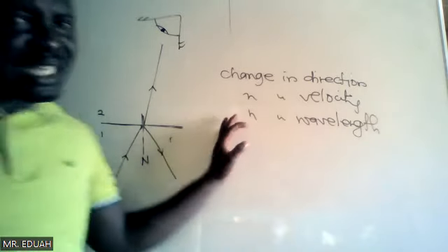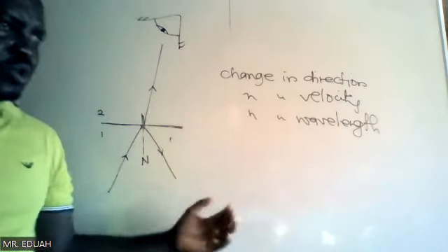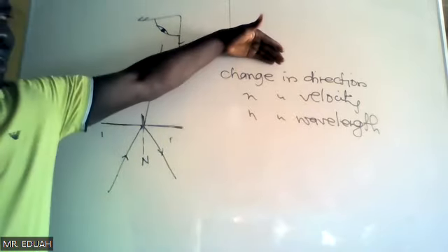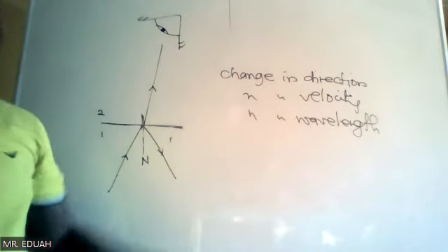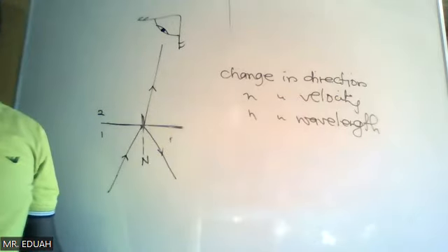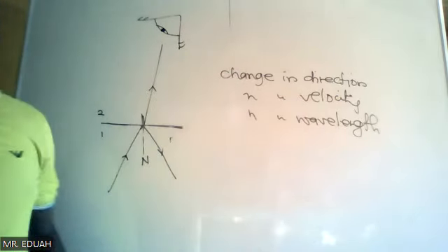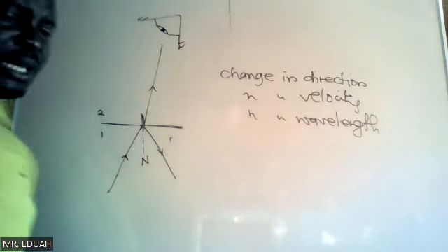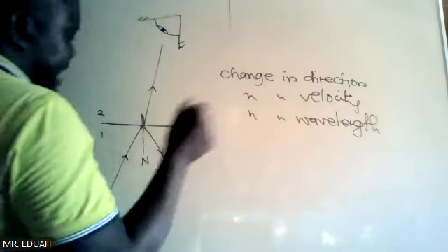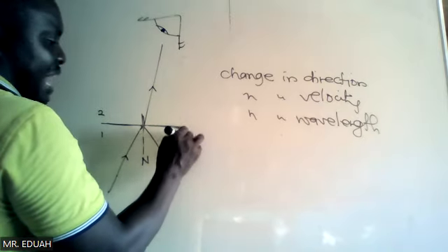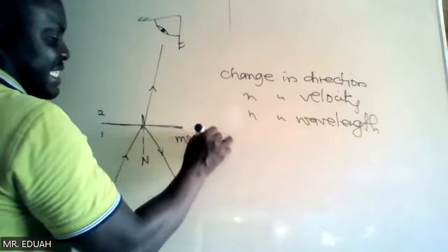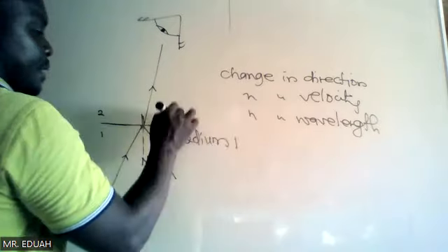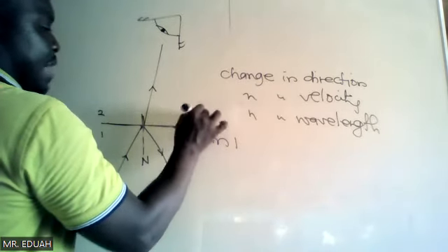It's another medium of different optical densities. So when the light moves from one medium to another, its direction can change, its velocity can change, and its wavelength can change. But before this happens, the two media involved must have different densities, different optical densities.